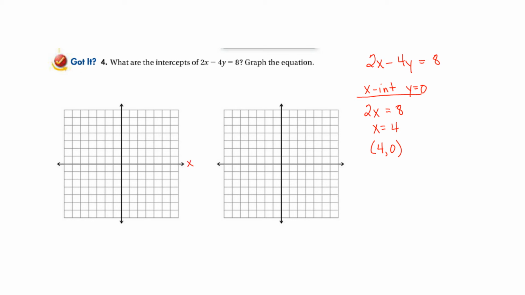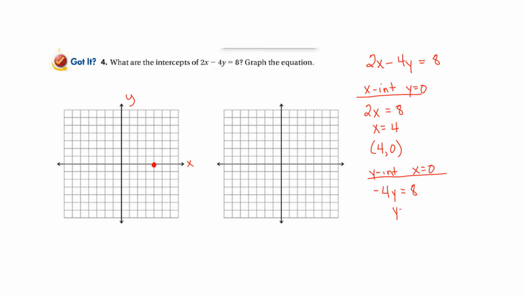So now I'm going to graph it. 1, 2, 3, 4, 0 would be right there. Now my y-intercept, x is 0. So it would be like that term 2x is not even there. So I'd have negative 4y equals 8.